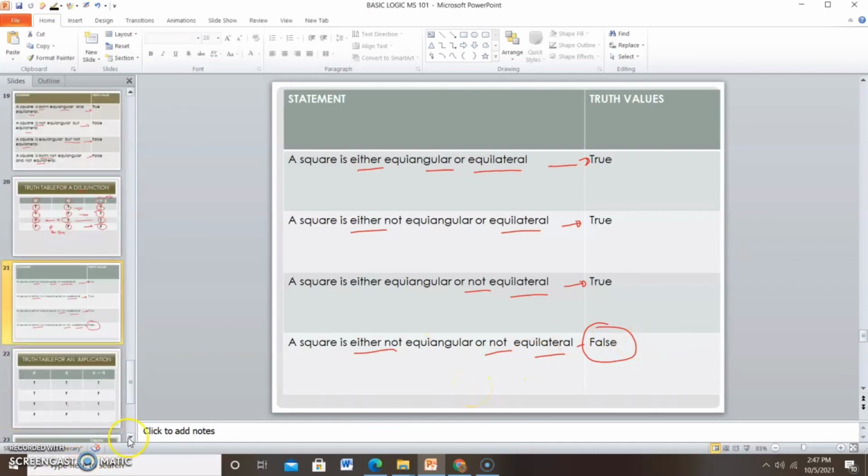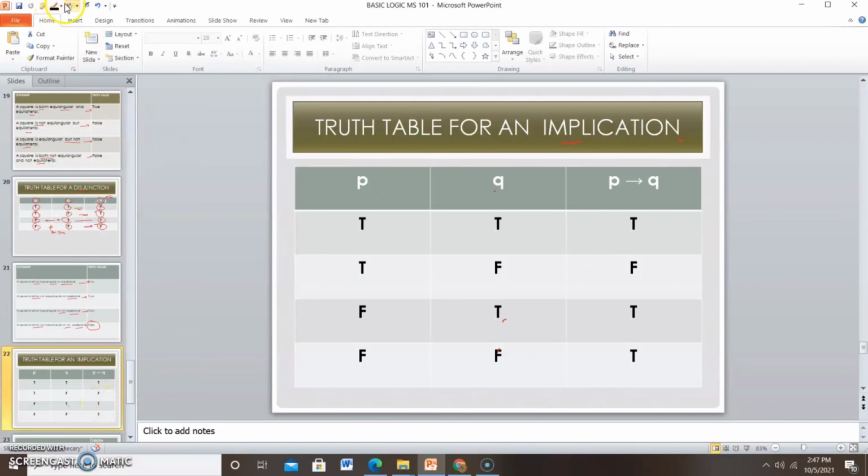Next, implication. Implication is a bit tricky, with the symbols: if P, then Q. Given P and Q, P is true, true, false, false, and Q is true, false, true, false. Since P and Q are both true, if P then Q is true.